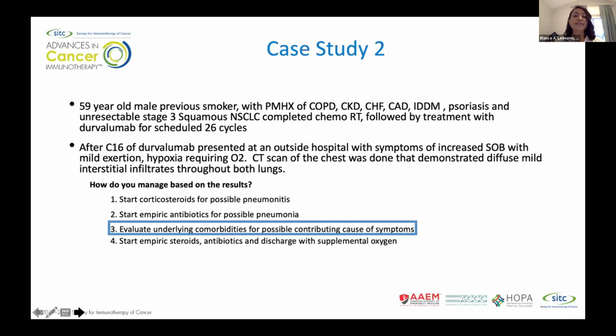This really emphasizes the point that it's so important to evaluate the patient as a whole, look at their underlying comorbidities, and not always attribute the symptoms to the immune checkpoint inhibitor. Once the underlying cardiac disease was addressed and the patient was dialyzed, he symptomatically improved, and again, it was not related to the immune checkpoint inhibitor.